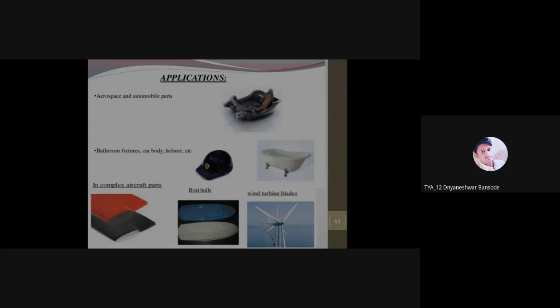If you check the wind turbine blades, boat hulls, and aerospace and automobile parts, these parts are very delicate, not delicate in terms of strength, but delicate in terms of the dimensioning or shaping of the part, which is required with proper exactness. Whatever design is provided, we need the parts with very little tolerance, very little allowance.